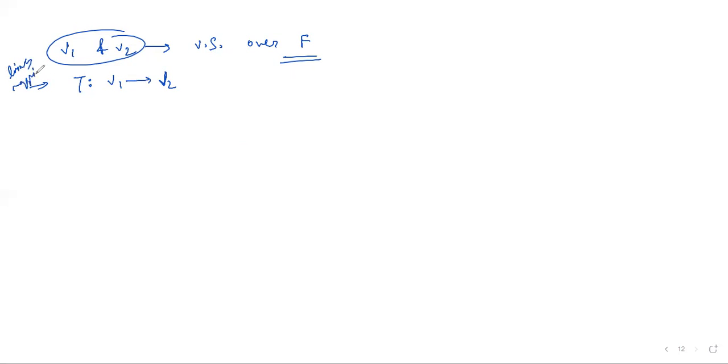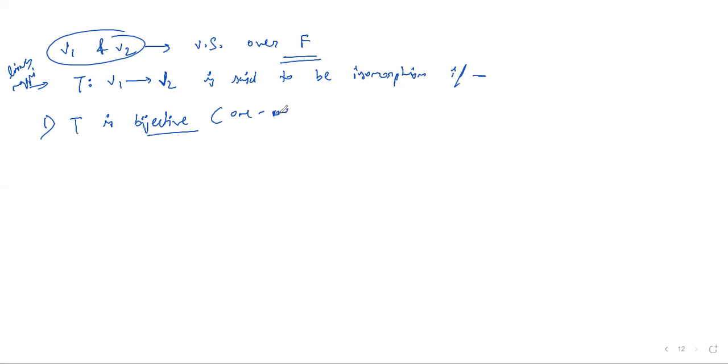The mapping T from V1 to V2 is said to be an isomorphism if the mapping is bijective. What if the mapping is bijective? We understood the term bijective in our very first lecture: bijective means it has to be one-one and onto.